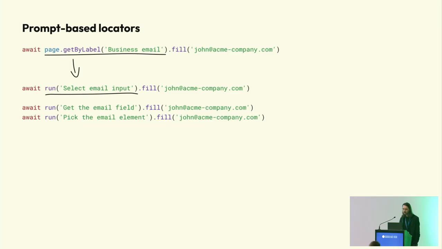So one thing we can do first is no longer use locators. We can switch to some kind of prompt-based locators where we just say in natural language what we want to select. So in this case, the function is called run, and it can be called anything.